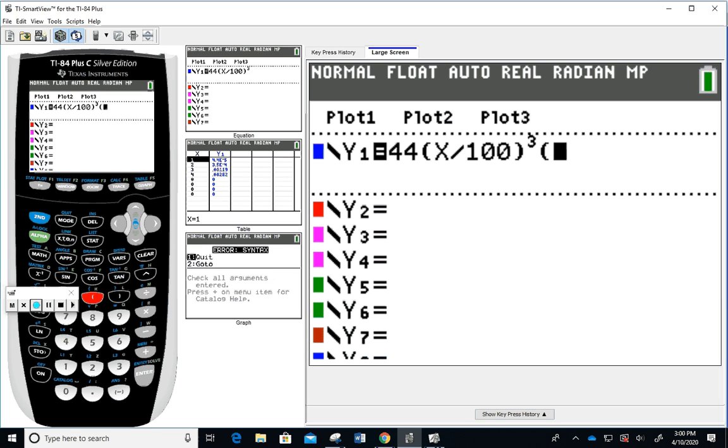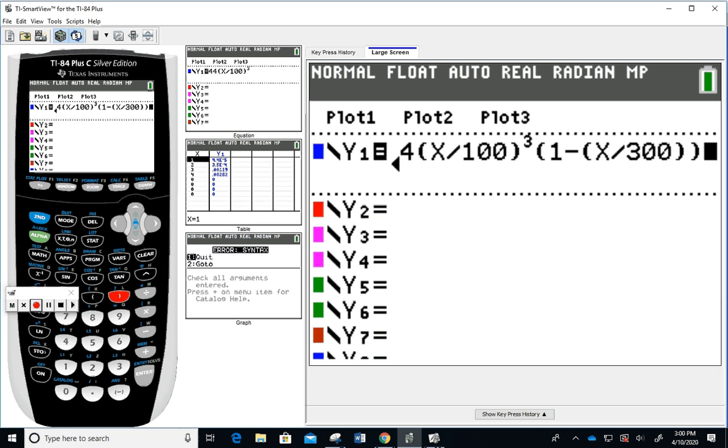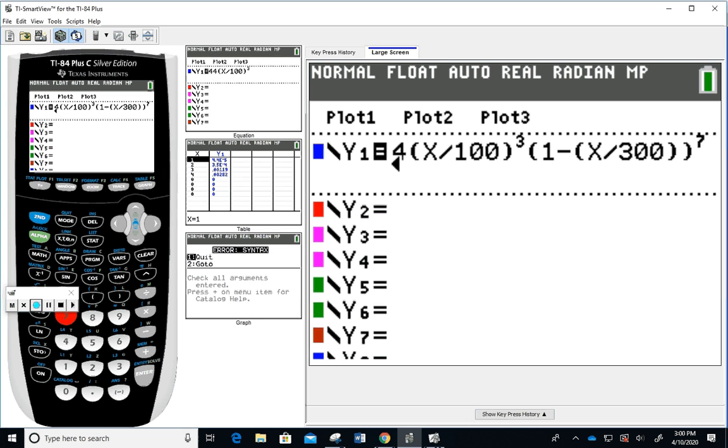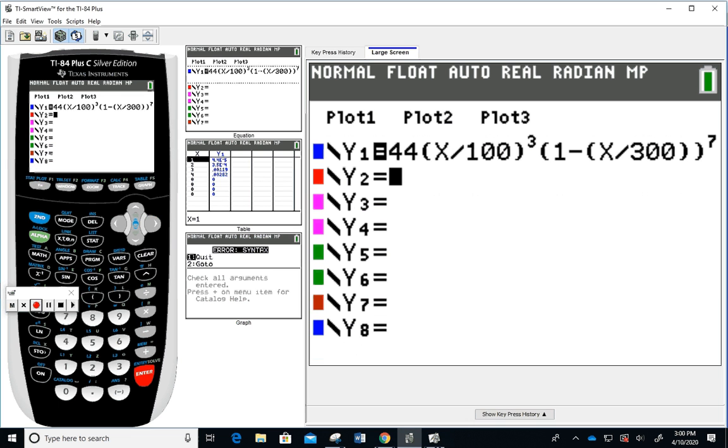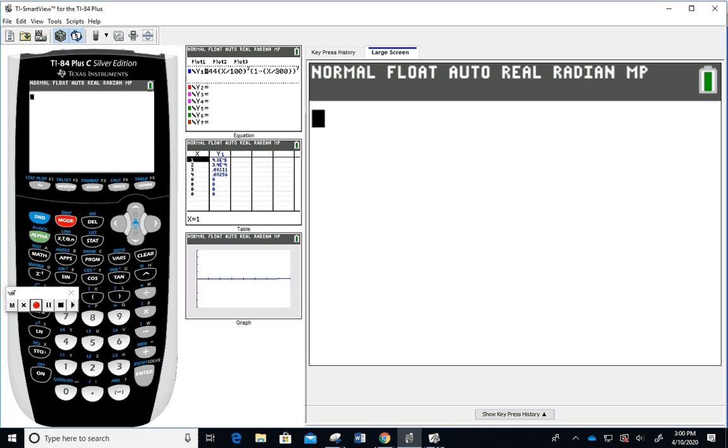Times 1 minus, and I'm going to put the t over 300 in its own set of parentheses. So x over 300, close parentheses once, close them again, because all of that 1 minus x over 300 needs to be to the 7th power. Enter. All right, so now I'm ready to go to my home screen and integrate that amount.